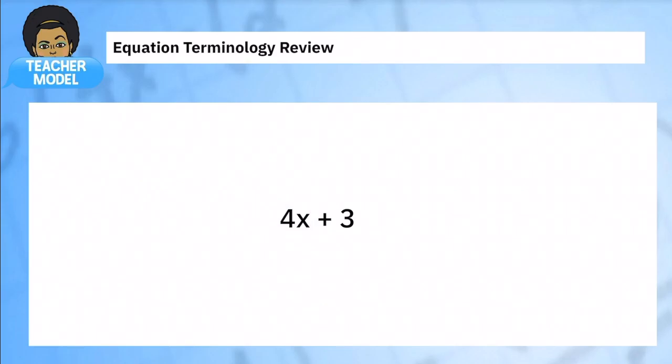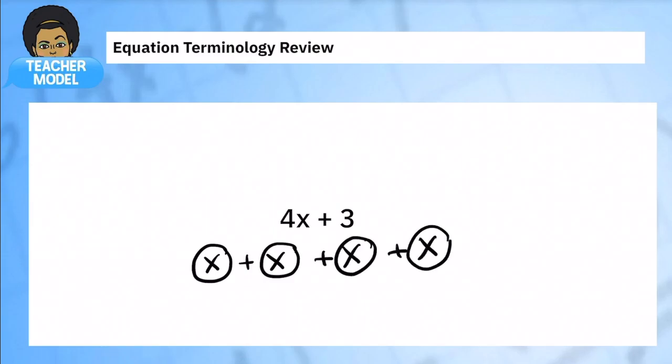And on the left, we have a variable attached to a number, its coefficient. And the way we would actually spread this out, when we see 4x, we know that means I have 4 of a number, 4 times some number. We have no idea what this number is. I just know I have 4 of them. So I can express it in this way if I wanted to have an expanded form. x plus x plus x plus x, plus 3.